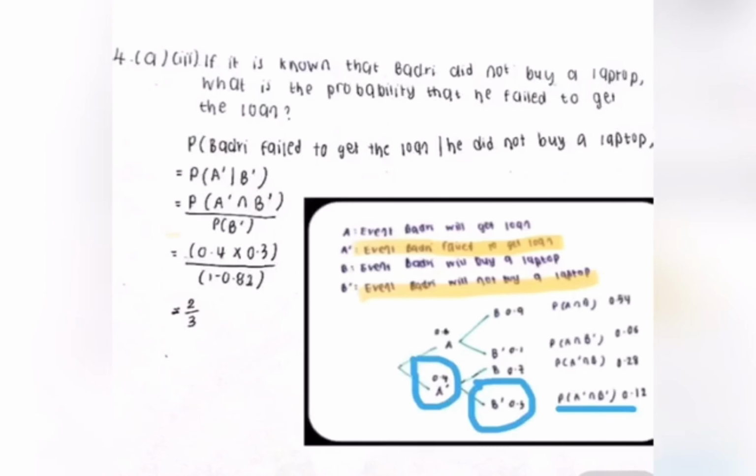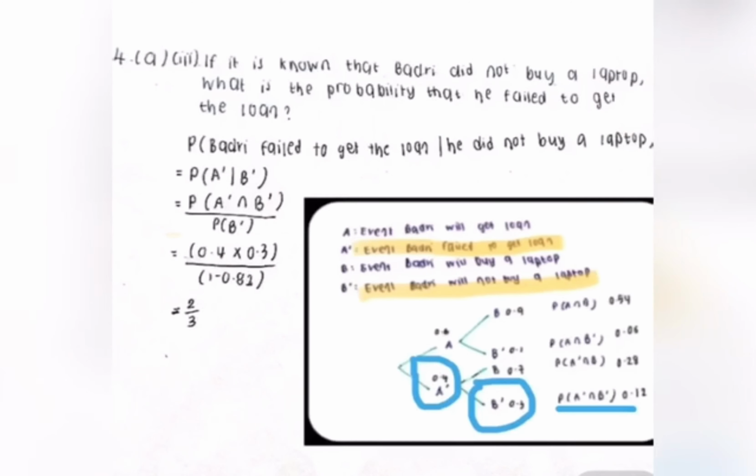Basically, this probability P(A' | B') is equal to the probability of A' intersect B' over the probability of B'. If we refer to these three diagrams, the probability of A' intersect B' we can get from the diagrams, which is 0.4 times 0.3, over the probability of B'.